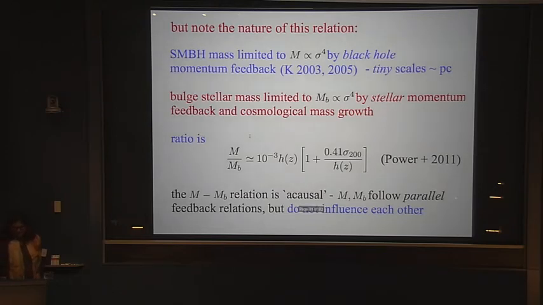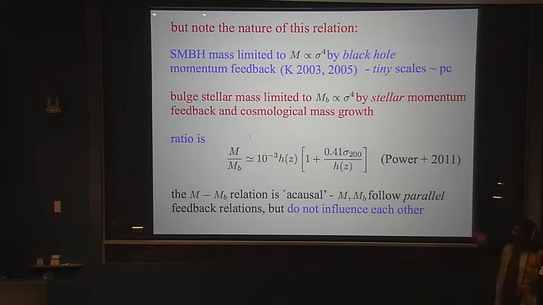Okay. So I think what is interesting about the picture that I've developed so far is the establishment of the M-sigma relationship, right? The fact that the supermassive black hole mass is proportional to sigma to the fourth is set on very, very small time scales. And the assembly of the black hole and the assembly of the bulge, the black hole mass to bulge mass relation, follows from the treatment that I have shown you. They are actually acausal, right?